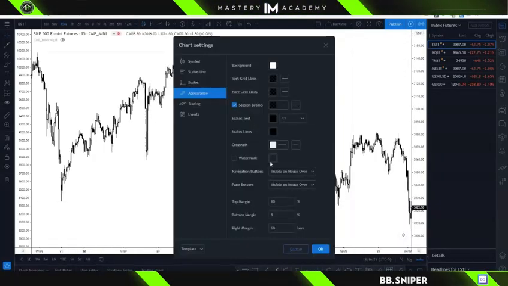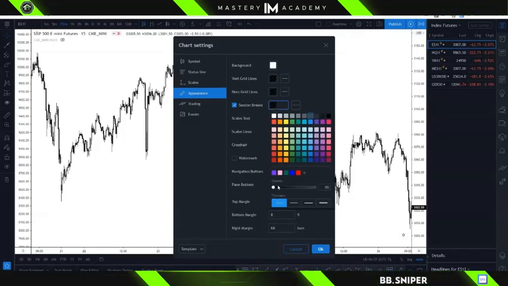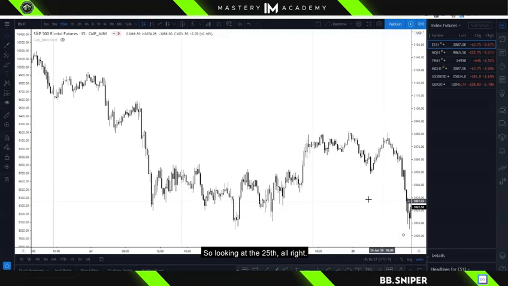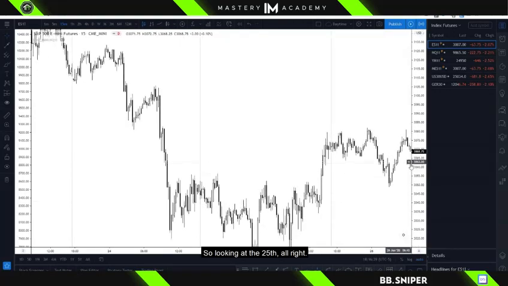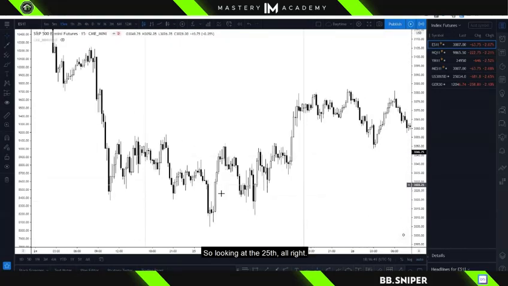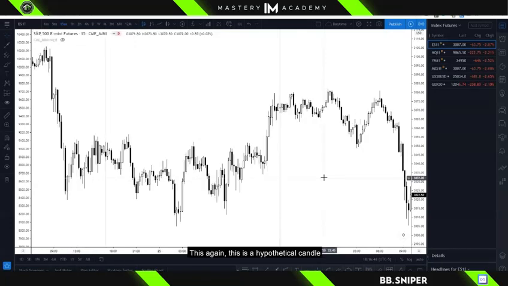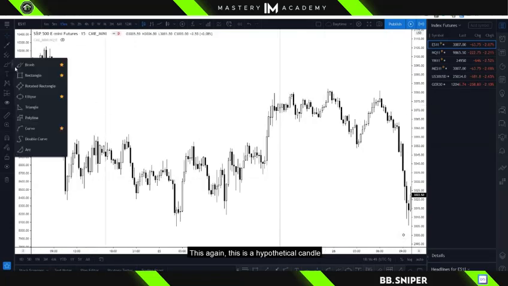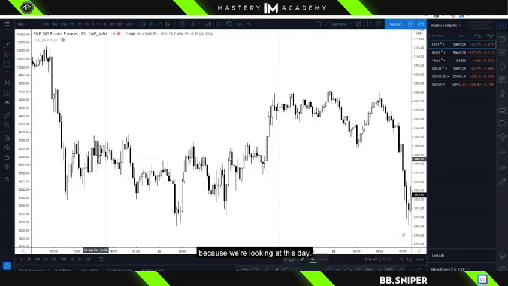Oh, that was the wrong way. There we go. Okay, so looking at the 25th, all right? This is a hypothetical candle because we're looking at this day.